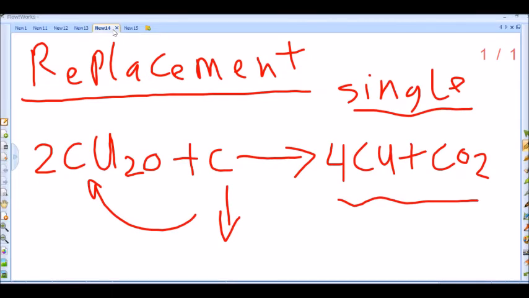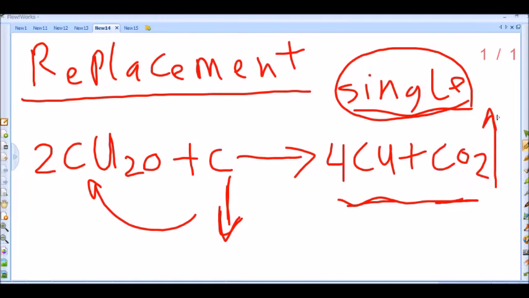Last type of chemical reactions is replacement chemical reactions. We have two types in this type. First type is single, when we only replace one element with another element. Here in this example, we replace copper with carbon to form separated copper and carbon dioxide gas.